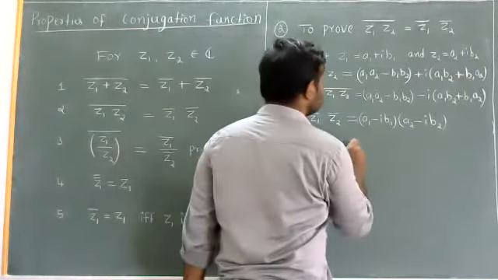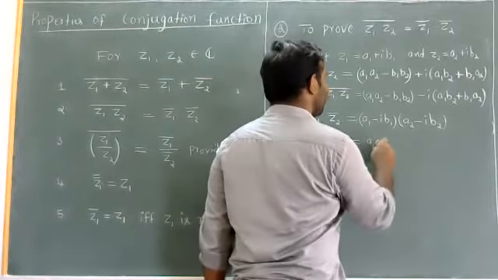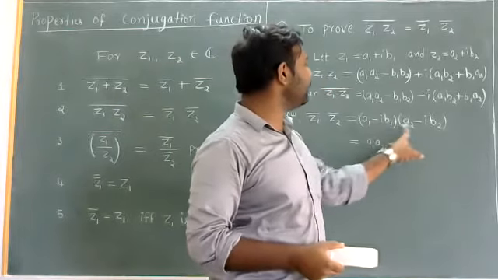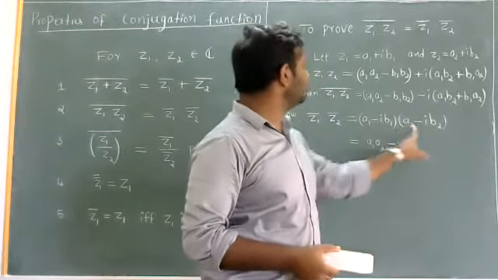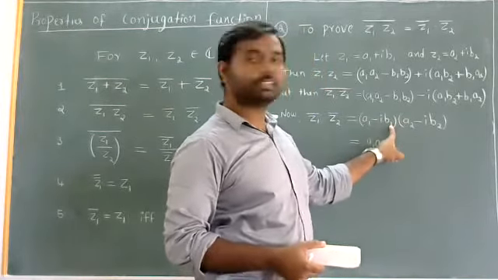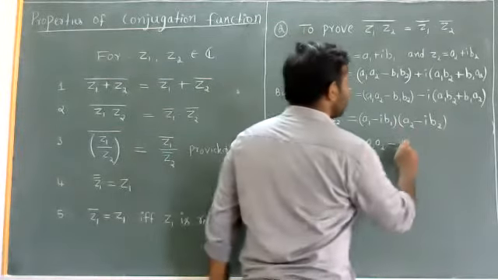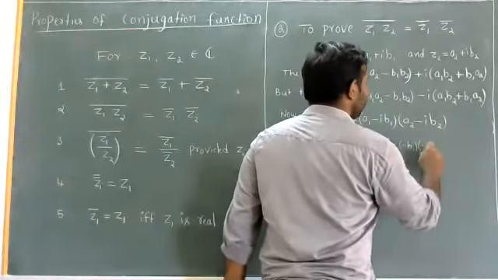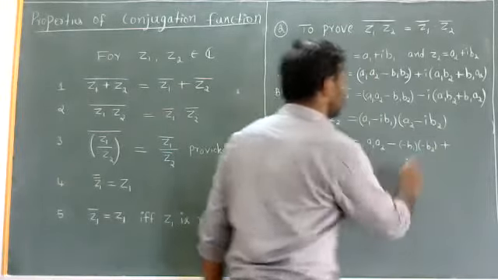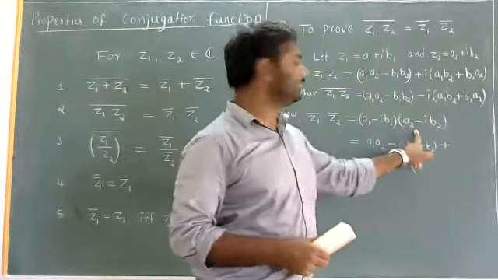So just multiply it. A1A2 minus... So if I have (A plus iB) into (C plus iD), it is AC minus BD. In place of B, I have minus B1. In place of D, I have minus B2. So minus (minus B1) into (minus B2), plus i times (AD plus BC).